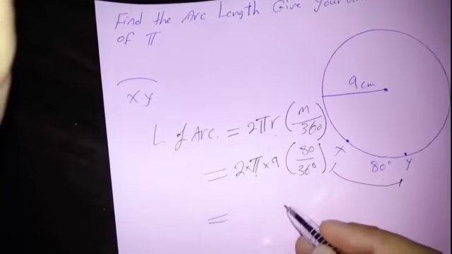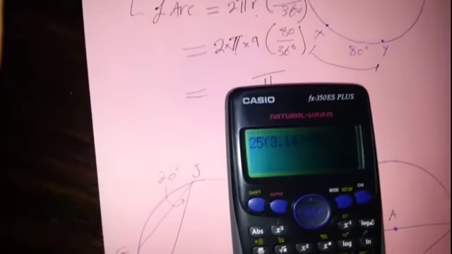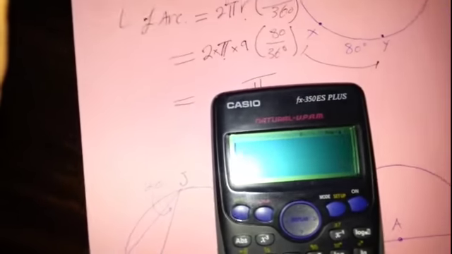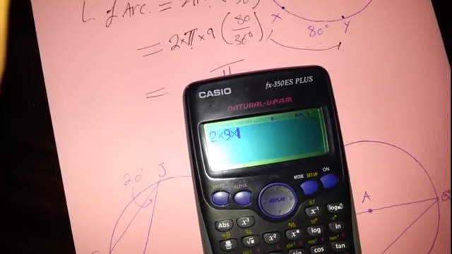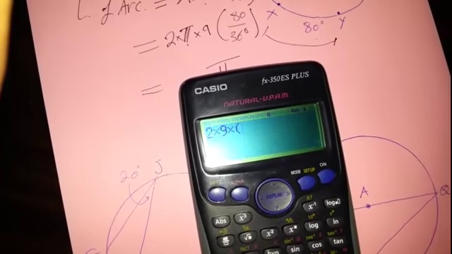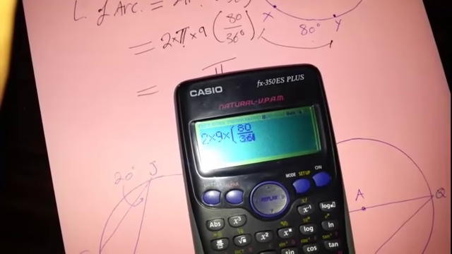In terms of pi, I will keep pi the same and use your calculator to compute this: 2 multiply 9, multiply 80, over 360.